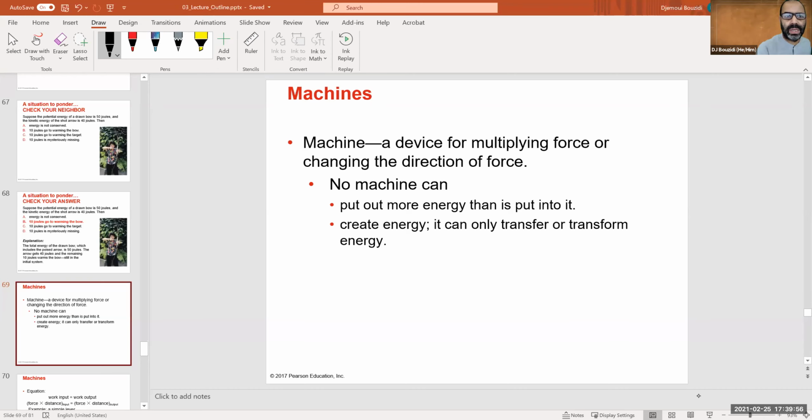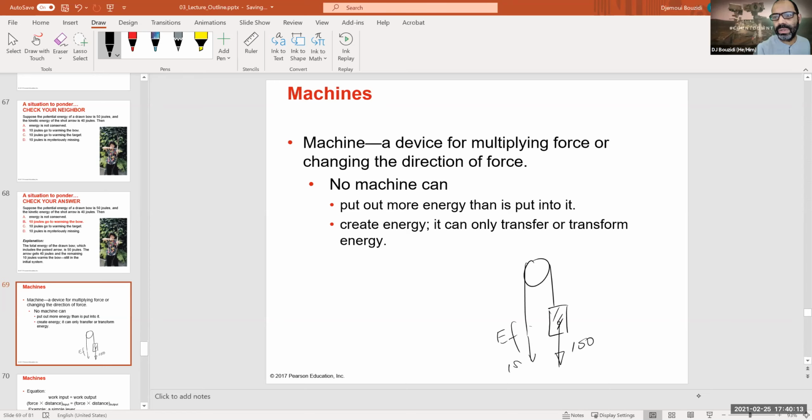Here's another simple machine that we can use also, the pulley. You have a load and you have the effort. In this case, they were equal. So the load in here, let's say for example, is 100 newtons, and the effort is going to be 100 newtons. So what the pulley did in this case is change the direction of the force.